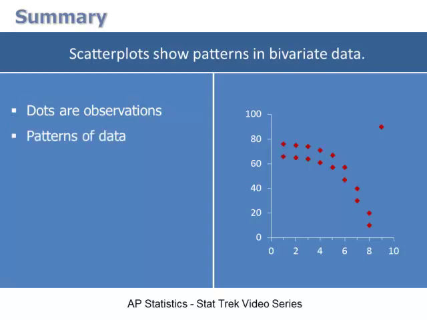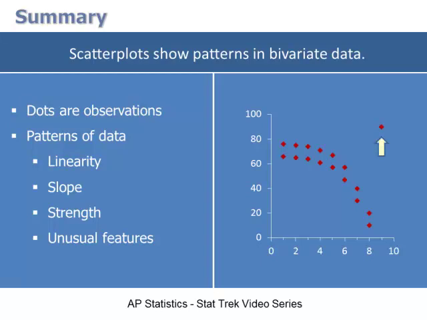Patterns of data are described in terms of 4 factors: linearity, slope, strength, and unusual features like clusters, gaps, and outliers. For example, this scatter plot is nonlinear with a negative slope. The relationship between the x and y variables is strong, and there is one unusual feature, an outlier, in the upper right-hand corner.